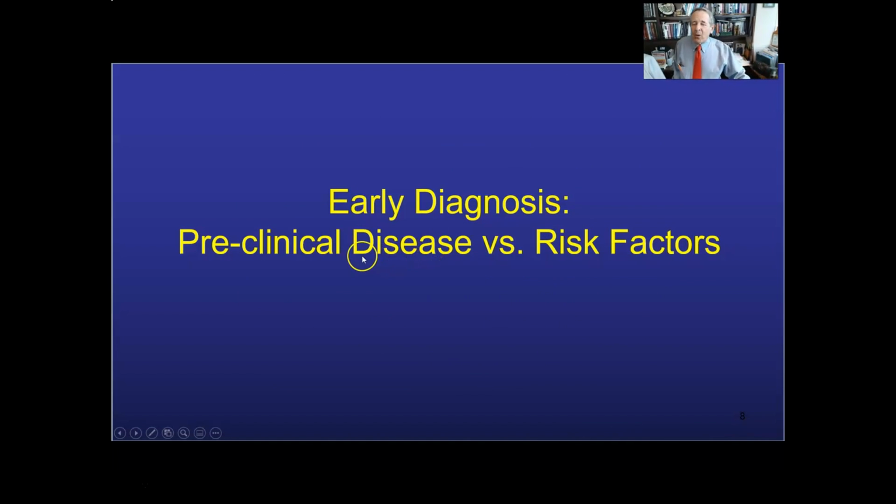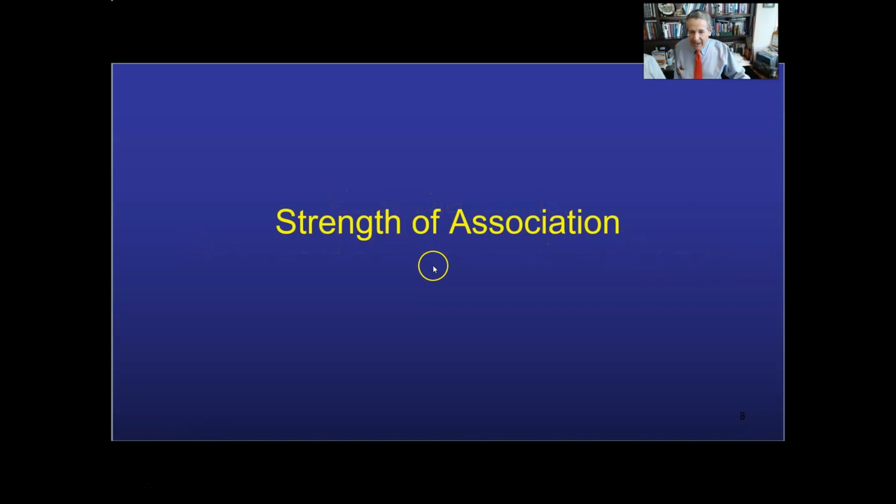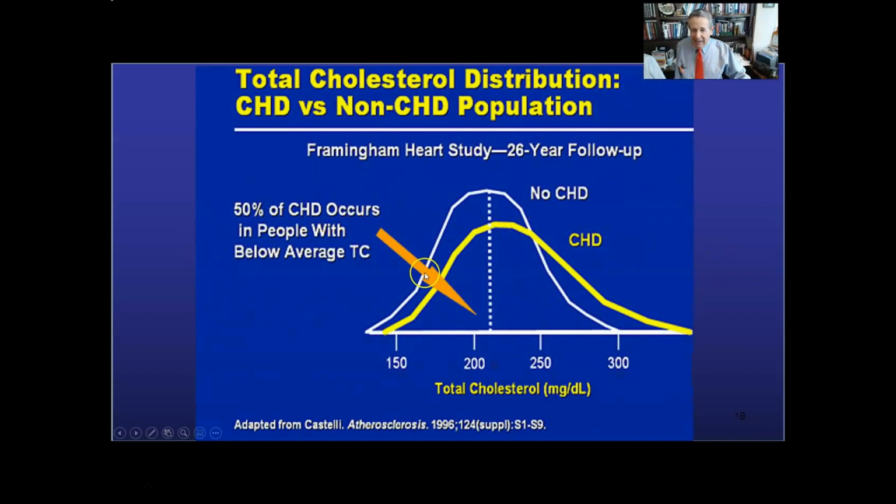So how do we make early diagnosis of preclinical disease before you're symptomatic? And I'd like to talk a little bit about the strength of association. I saw this slide from Bill Castelli back in the 80s from Framingham, and it was clear that those in Framingham who had no coronary disease versus those who did had essentially the same average cholesterol.